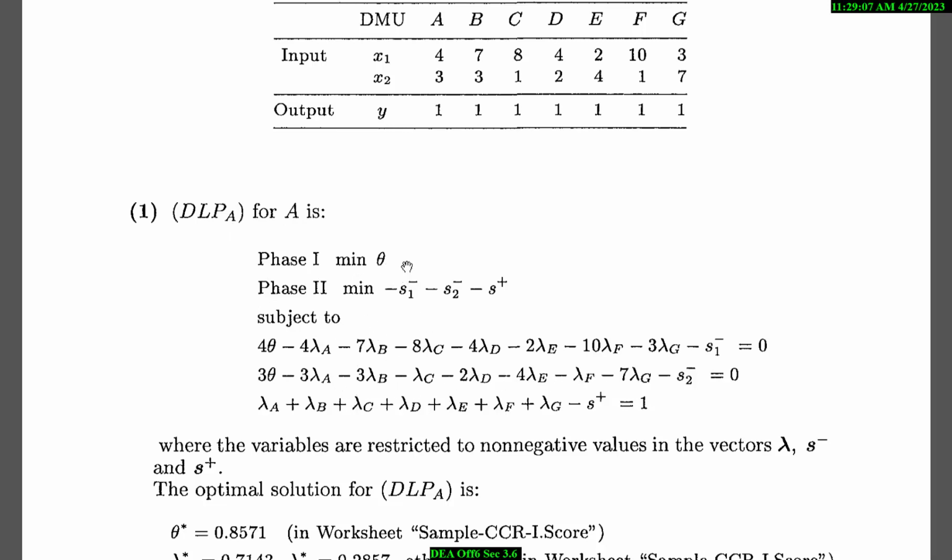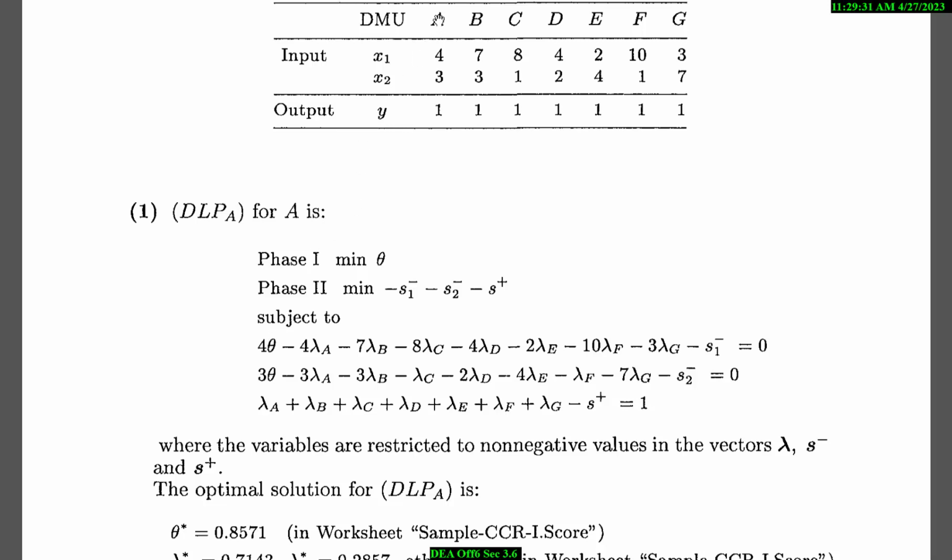Note that we only put the data in the CCR model. The first objective is minimizing theta. The second one is indeed maximizing the summation of the slacks or minimizing their negative.